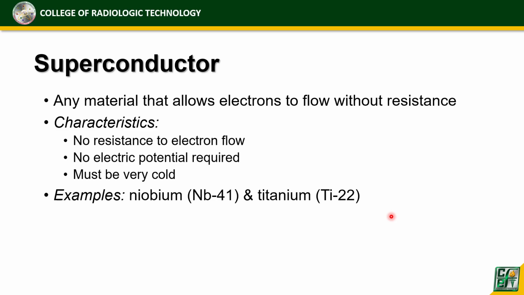Kasi nga, dahil wala siyang resistance, so yung heat na naproproduce, walang mag-absorb. Dahil walang mag-absorb or walang magko-control ng heat, kailangan ay malamig yung environment. Diba? Kaya doon kanina, yung insulator, nakalagay doon na kailangan may insulator kapag high voltage. Bakit? Kasi high voltage produces high heat or extreme heat.